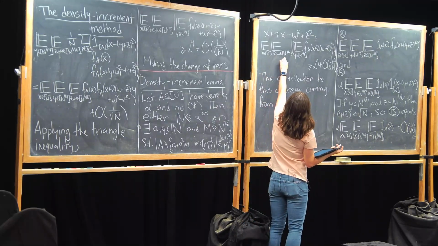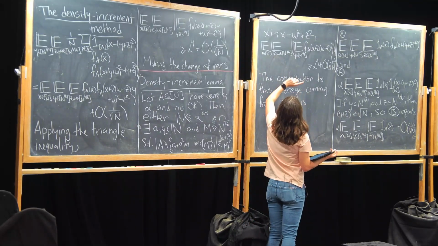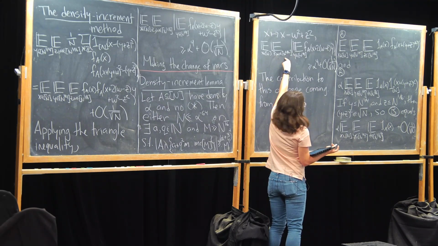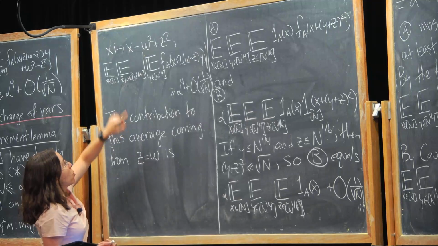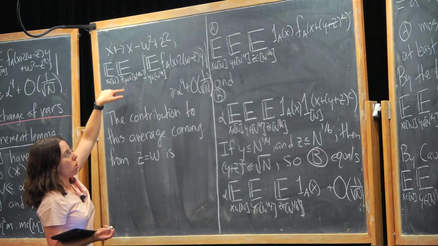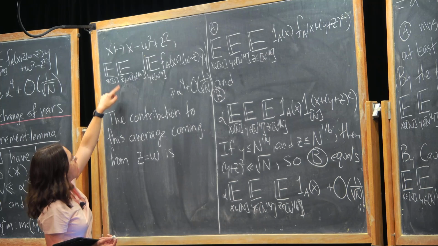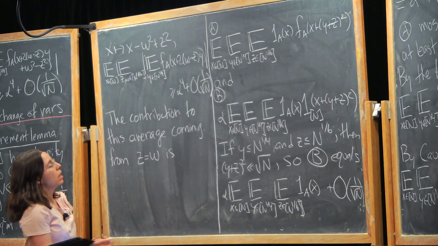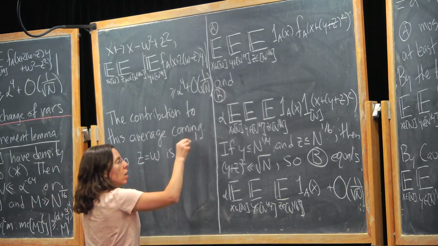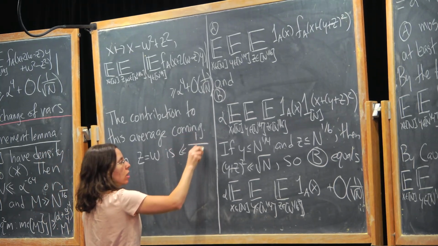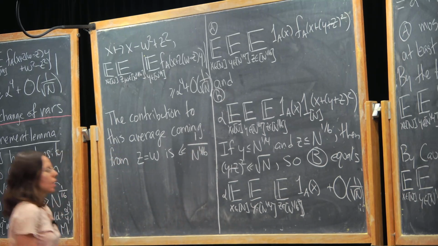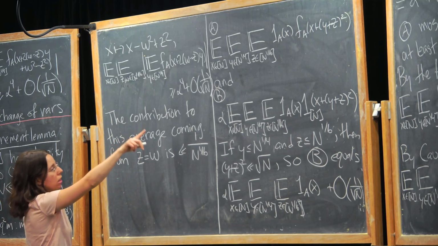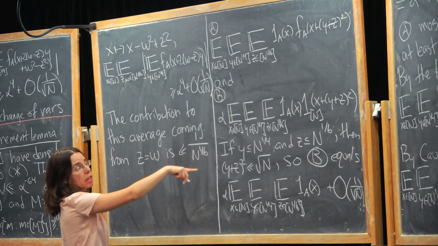We have n to the 1/8 possible choices of pairs, and the number of times where they're equal is n to the 1/16. So the contribution to this average coming from when z and w are the same is at most 1 over n to the 1/16. Okay, so we can restrict to the case where they're distinct at the cost of an error on the order of 1 over the 16th root of n.